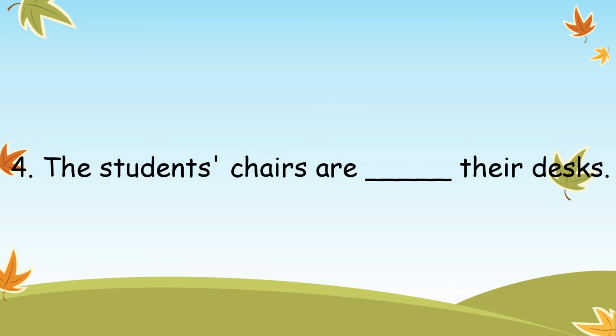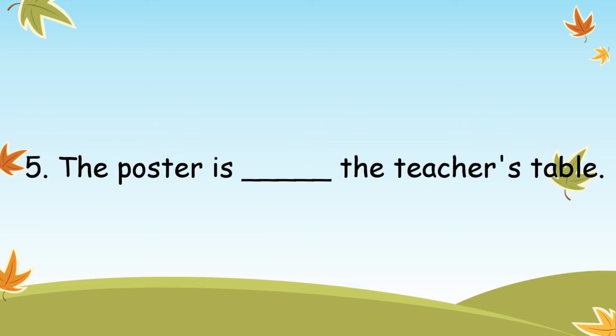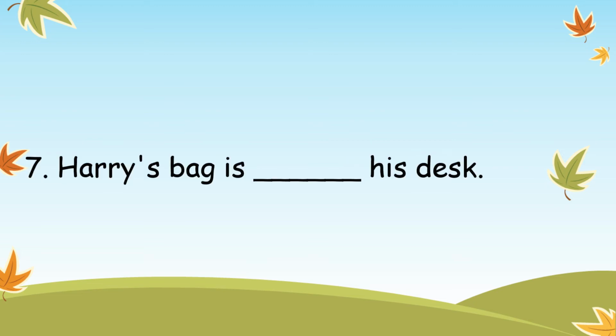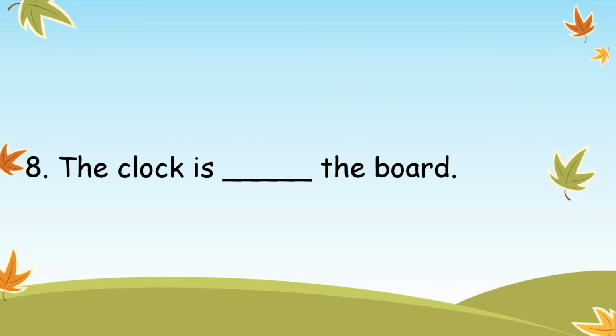4. The students' chairs are under their desks. 5. The poster is next to the teacher's table. 6. Harry's coat is on his chair. 7. Harry's bag is under his desk. 8.